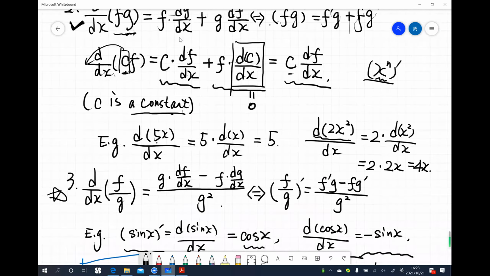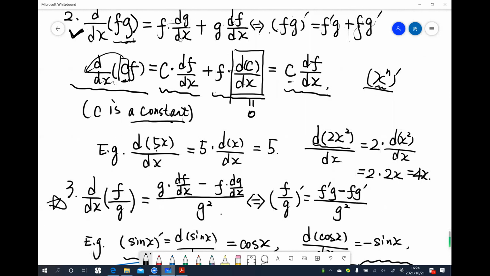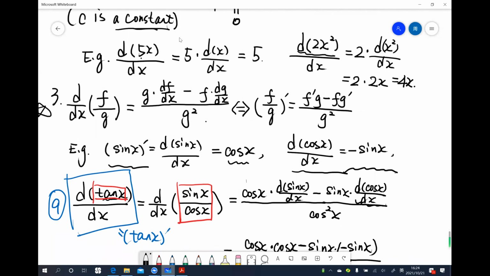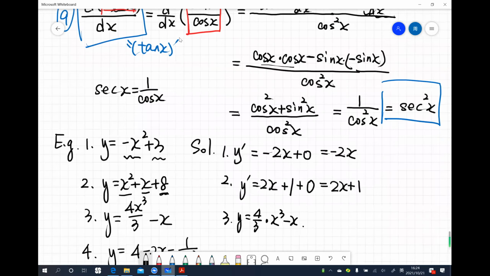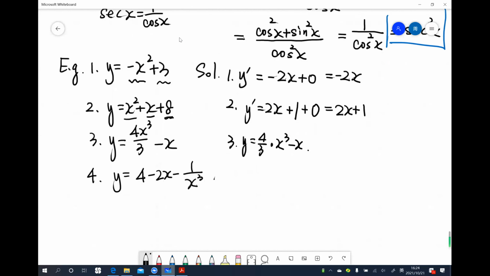We can use this rule, right? So y prime equals 4 by 3. It is a constant, so we write it again here, times the derivative of the function x power 3.